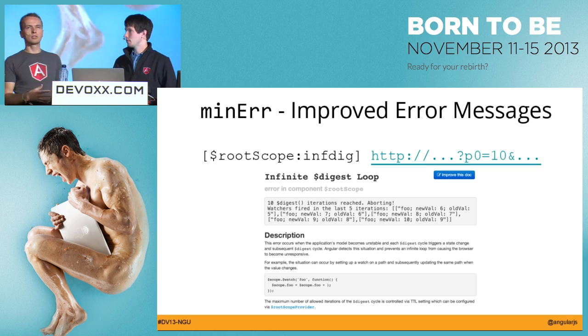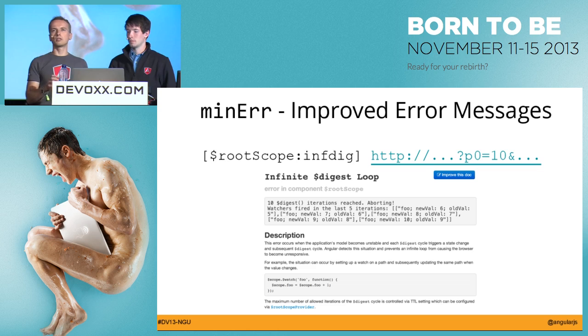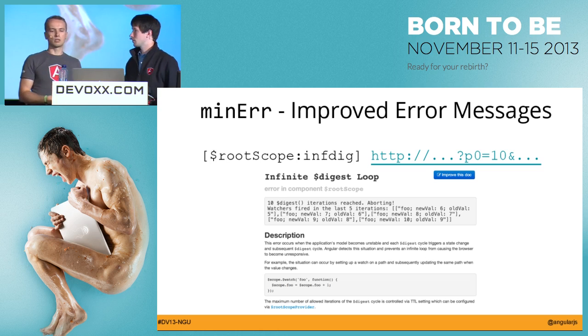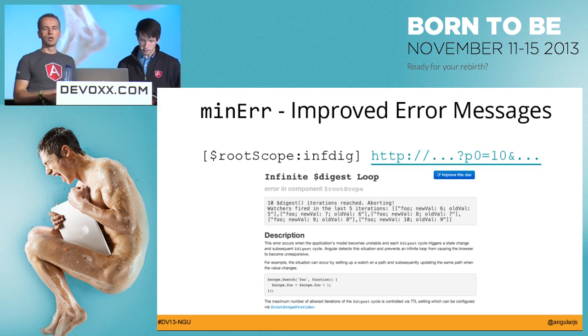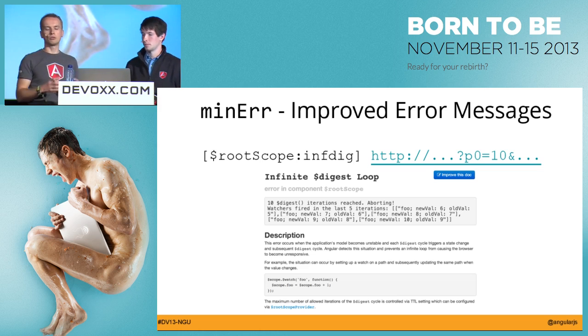So what this means is that the minified Angular doesn't actually contain all these bulky error message strings, but it still allows you to see the error messages in production and reconstruct them should you need to get more information about what is happening. In development, you definitely want to use the non-minified version of Angular because that's more user-friendly. It gives you the error message right in the console. But in production, you get the same information should you need it.